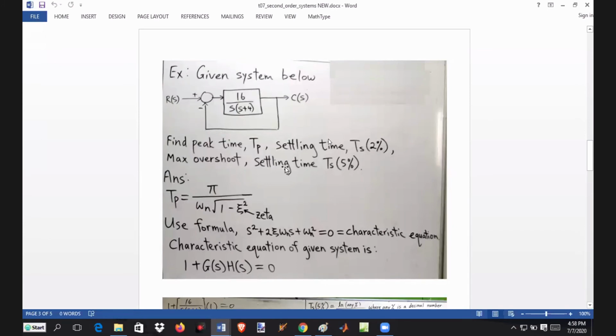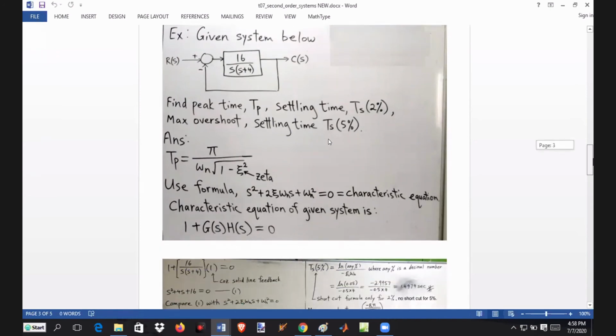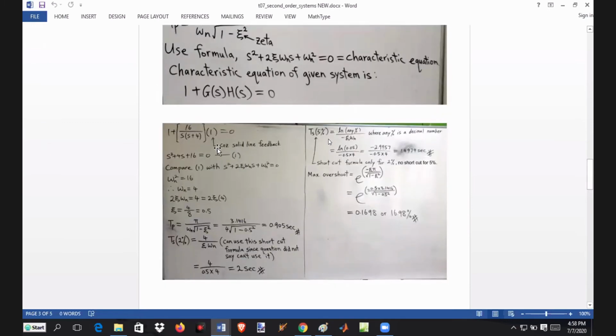So you have to look at the characteristic equation. The characteristic equation is 1 plus GS HS. GS is at the top. Somebody may say, how come there's no HS? There's no box there. No box means HS equals 1. So remember, a solid line means HS equals 1.